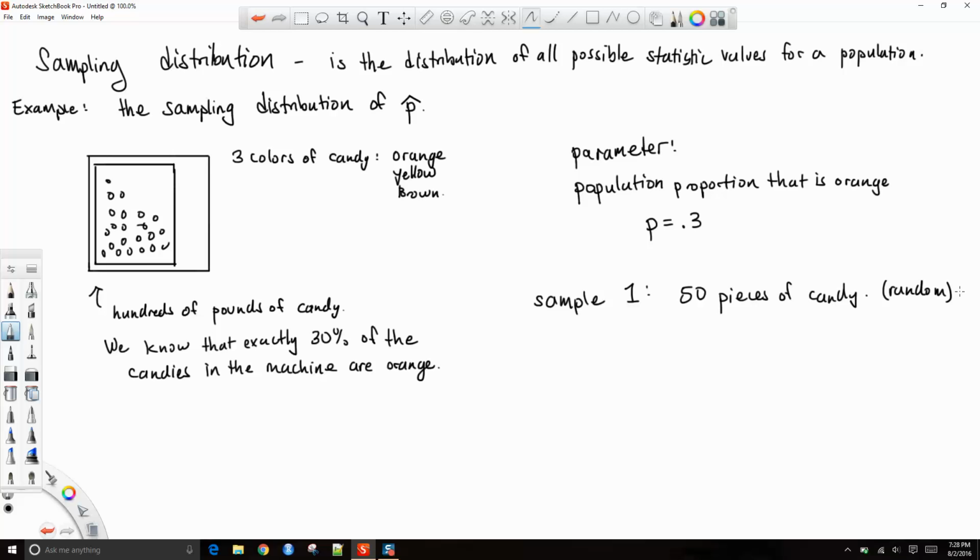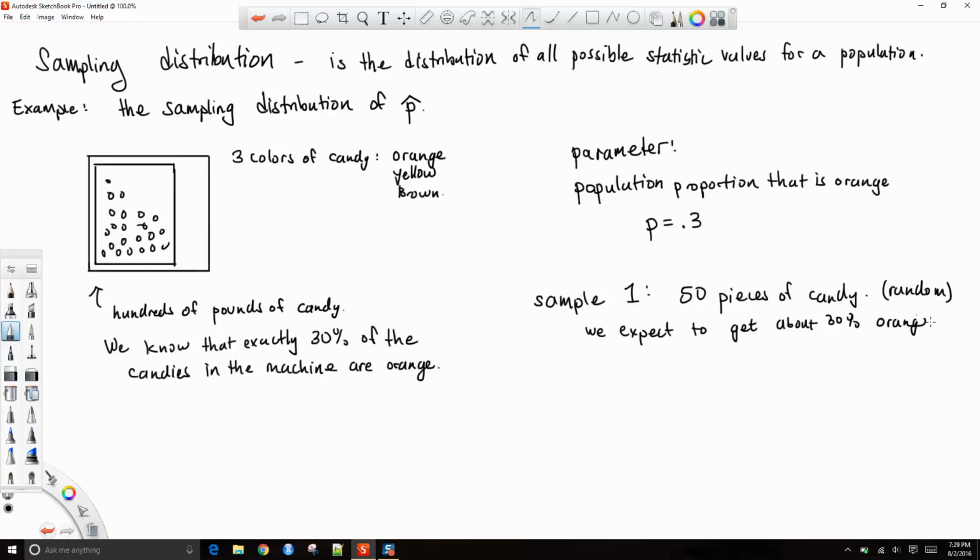So my p hat, the sample proportion, is not necessarily going to be equal to 30%. We're expecting it to be close, but it could be different. So sample 1, 50 pieces of candy, we expect to get about 30% orange.